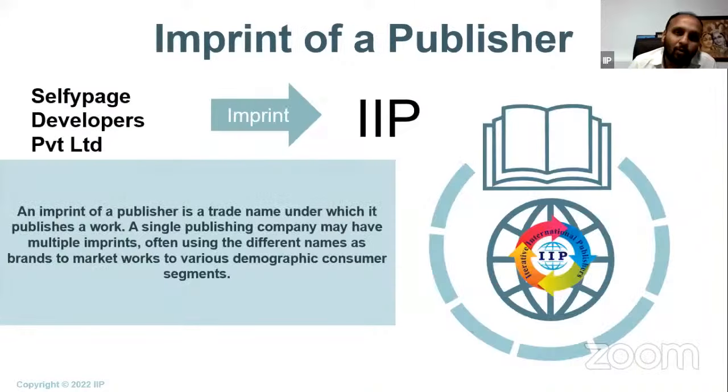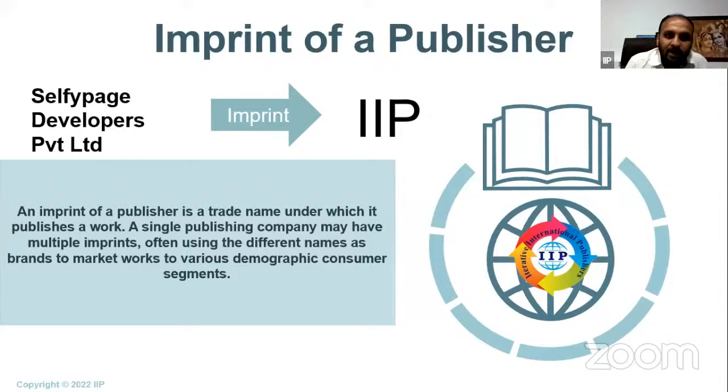Before we go to the publication in detail, first we should know what the imprint of a publisher is. An imprint of a publisher is a trade name. It is a trade name under which all the publication works will be done.